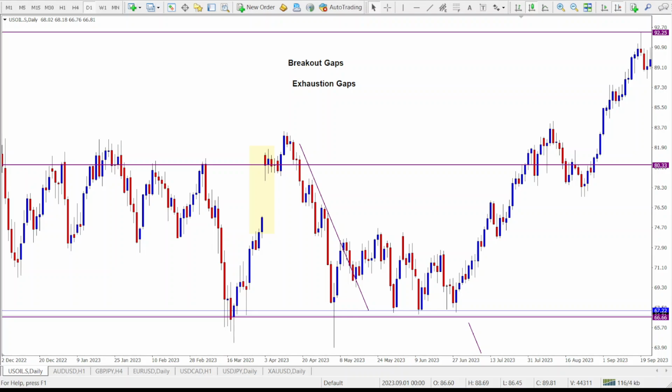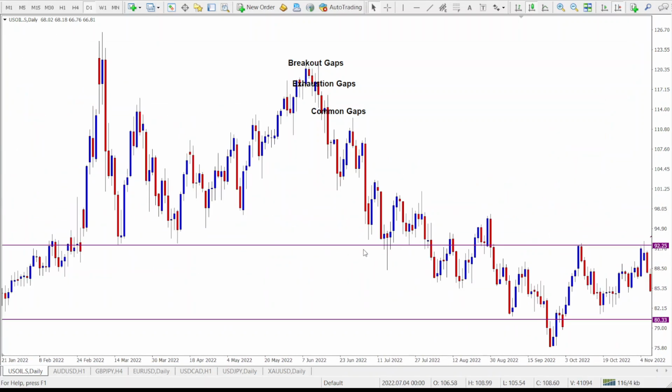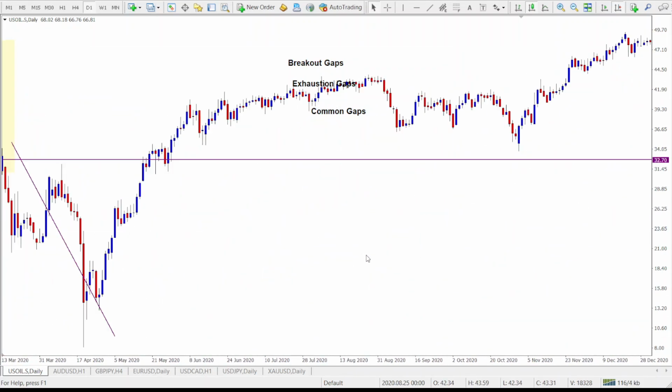Now, the third category of gaps we're going to be looking at is the common gaps. All right. Now, these are small gaps that occur during regular market fluctuations and are less significant. Okay, so you actually find some gaps that might not be as wide as this or as wide as this. Why?